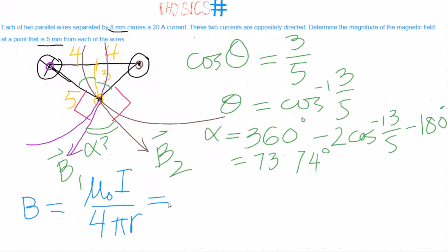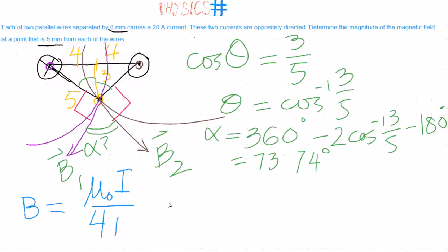If I plug those numbers in, both B1 and B2, although I called them B1 and B2, are going to be the same because they have the same distance r and the same current value I, 20 amps and 5 millimeters. What I'm doing in my calculator right now is 4 times pi times 10 to the negative 7 times 20 amps, all divided by 4 times, actually I probably wrote this wrong.